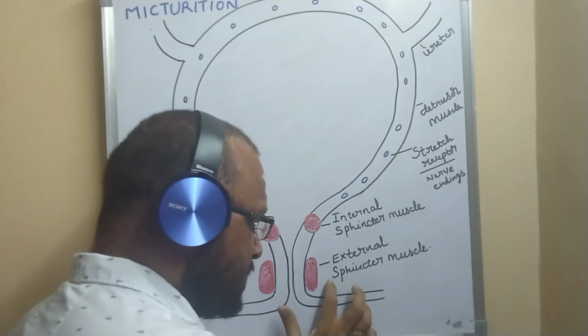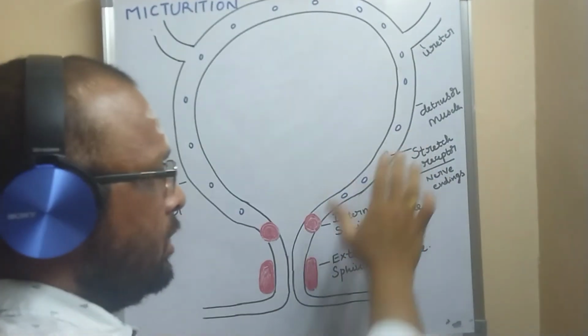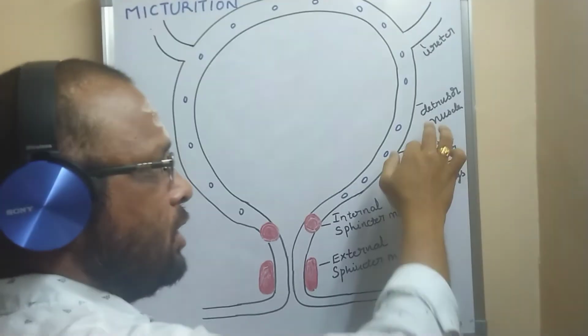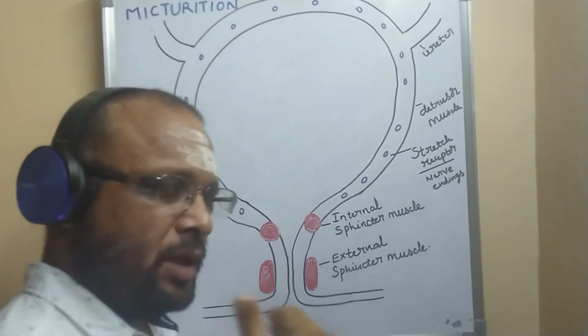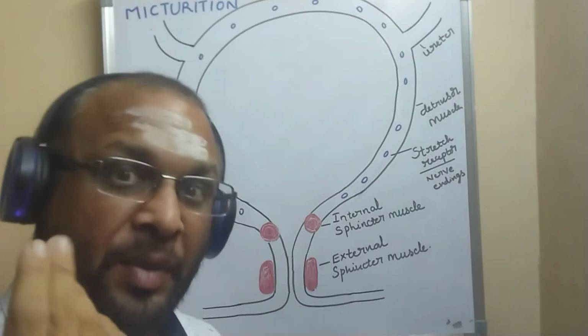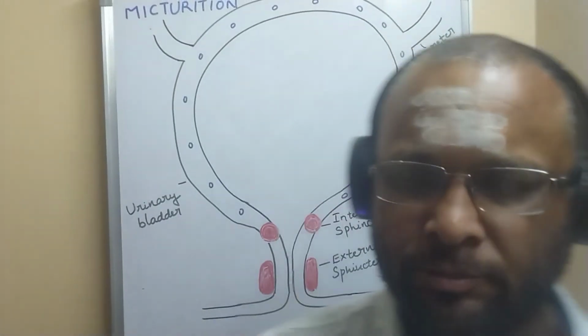The external sphincter muscle is under the control of the brain. So please remember the three muscles I have explained and which part controls them. The detrusor muscle is controlled by the spinal cord, the internal sphincter muscle is controlled by the spinal cord, and the external sphincter muscle is controlled by the brain.